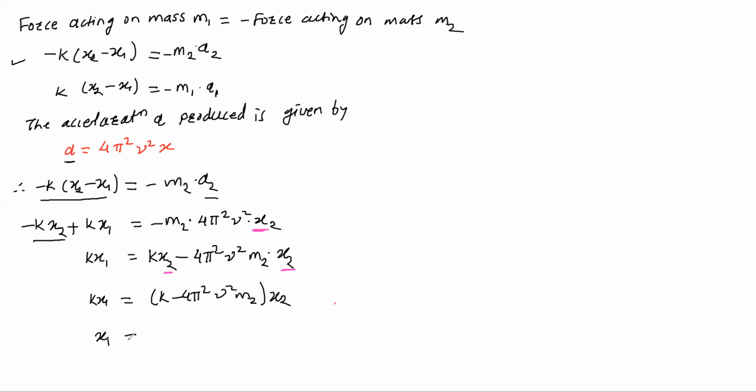We have to find out the value of x1 first. So x1 will be (k minus 4 pi square nu square times m2) divided by k, times x2. This is the first value of x1.